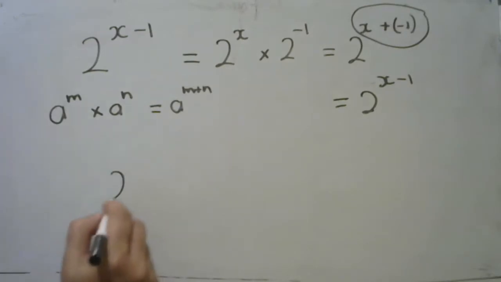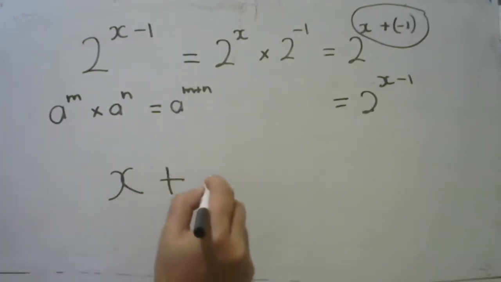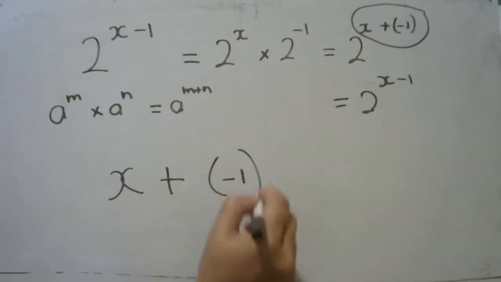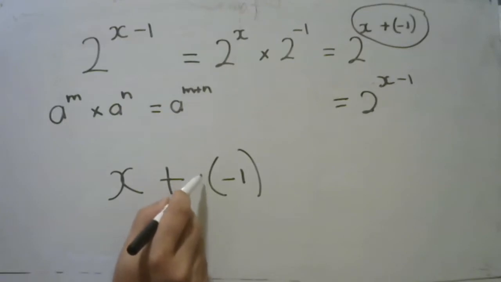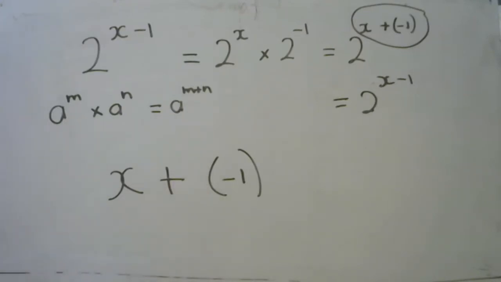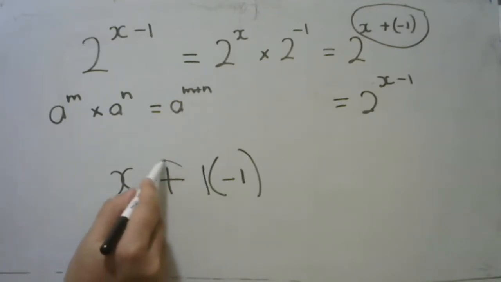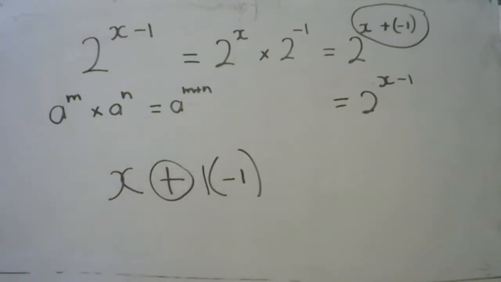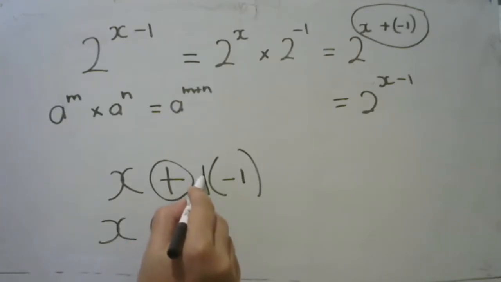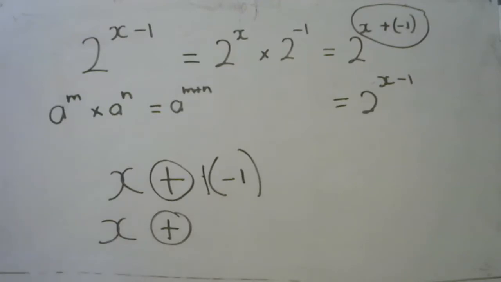When you have x plus minus 1, what is this really? In front of this bracket it's understood that there's a 1 here. The sign in front of the 1 is plus. So it's like you're saying x plus this 1 times minus 1. It's minus 1.